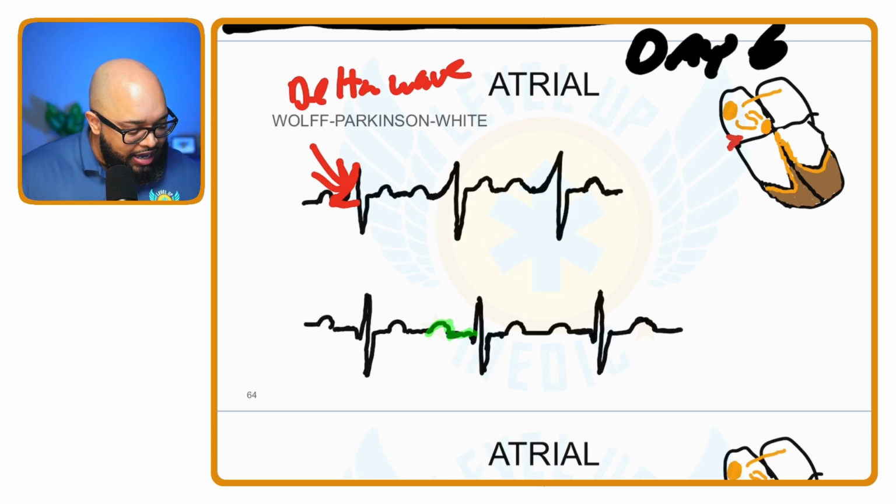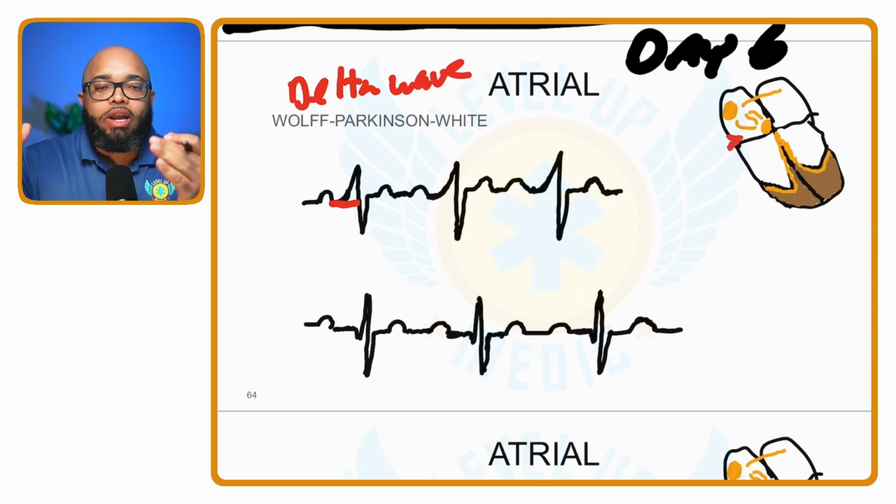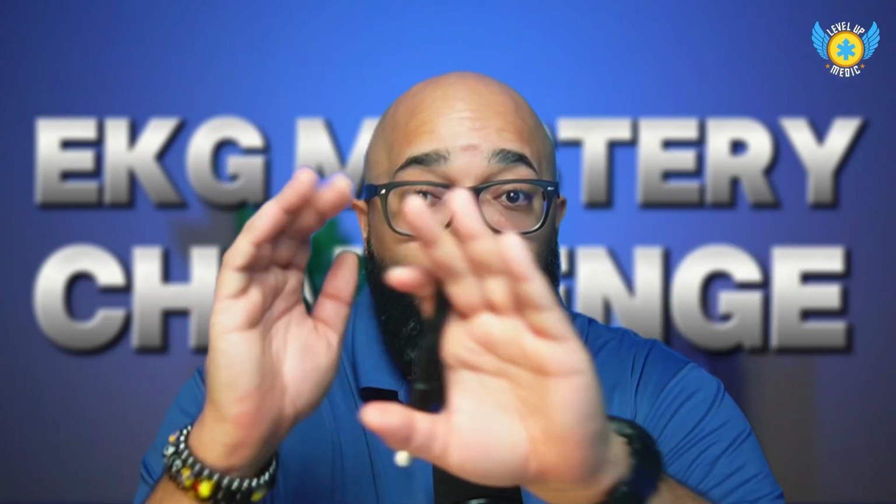Now in Wolff-Parkinson-White, let's show you on this first one. Let me clear this part here. I want you to notice this little section here. Because it's happening faster, it actually brings the P wave closer to the R wave.